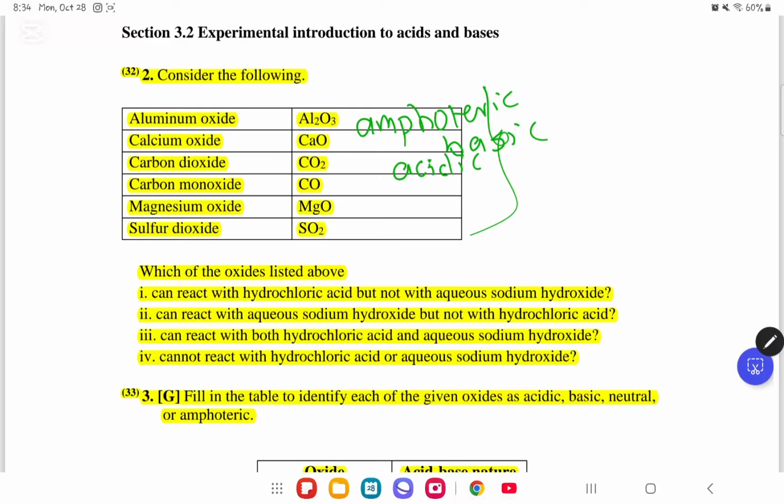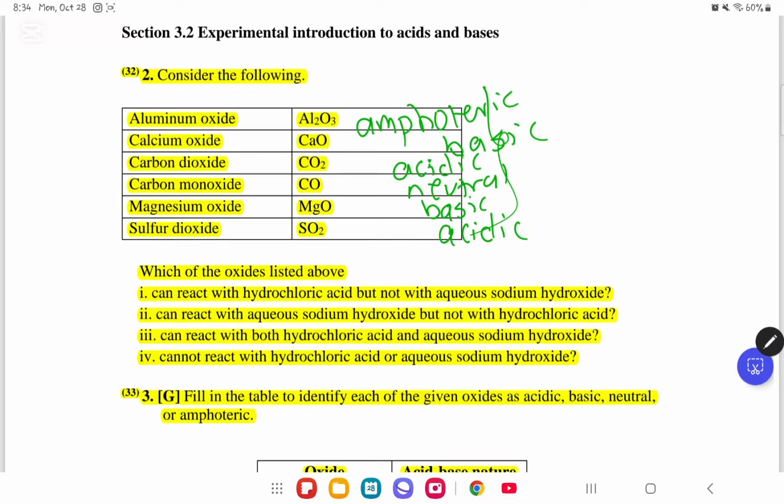Okay? Carbon monoxide is neutral. MgO is a metal with an oxide, so it is also basic. And then finally, SO2 is a non-metal plus an oxide, so it is acidic.